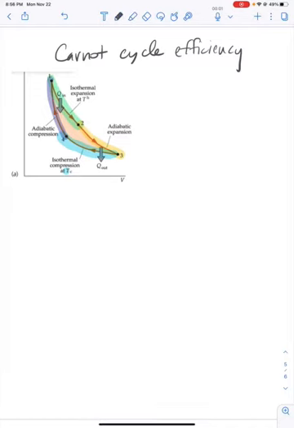All right. So our strategy is going to be to use these cycles to calculate QC and QH, the heat in during the hotter process and the heat out at the cooler process, because we know that the efficiency is work over QH, which is also 1 minus QC over QH.